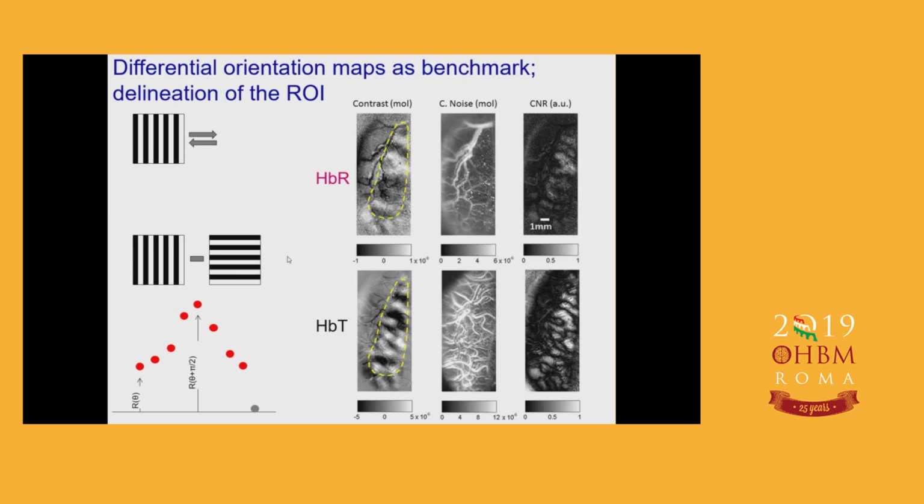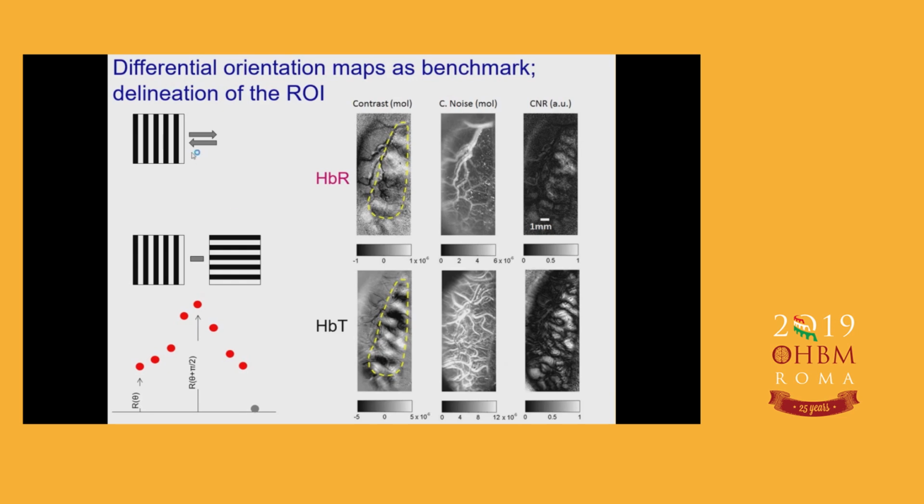And here is a slide that already, just by looking at the results of the map, shows the difference between the spatial specificity of deoxyhemoglobin or BOLD in the top row and total hemoglobin or cerebral blood volume in the bottom row.